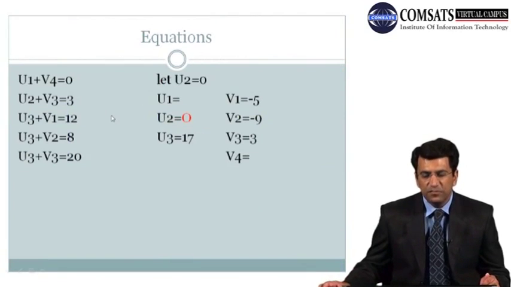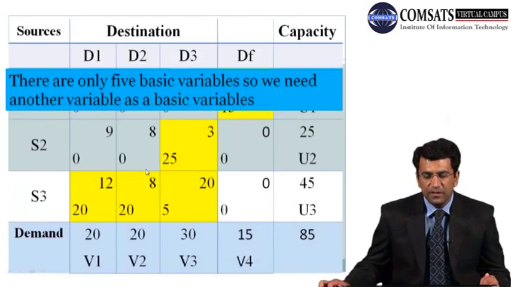Now let's suppose we are using the same method, and we are putting u2 is equal to 0 in the different equations after introducing u and v for the rows and columns. Let's suppose we have introduced u1, u2, u3 for the different rows, and similarly v1, v2, v3 and v4 for the different columns.